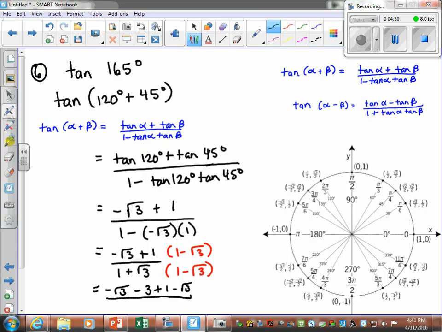In the denominator, we'll have 1 times 1 is just 1. We'll have negative square root of 3. Then we're going to have positive square root of 3, so these are going to cancel. That's why we chose to do that. And then this times this is just going to give us negative 3.